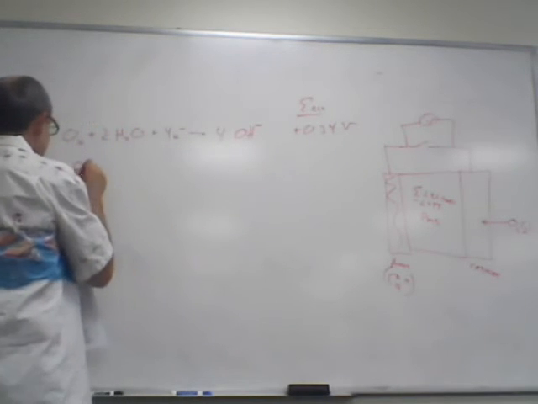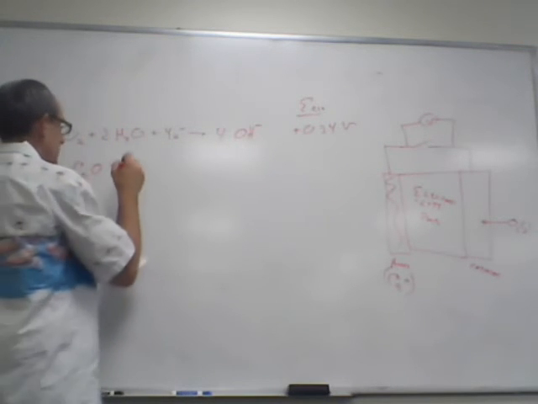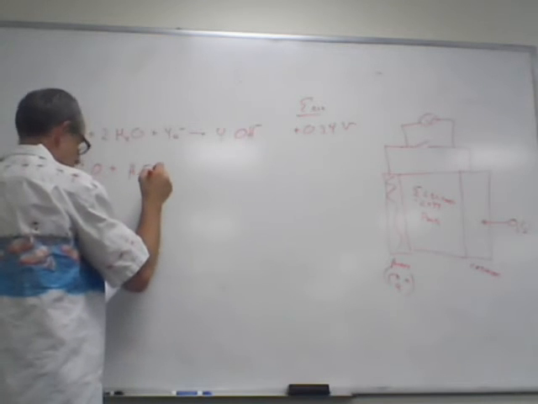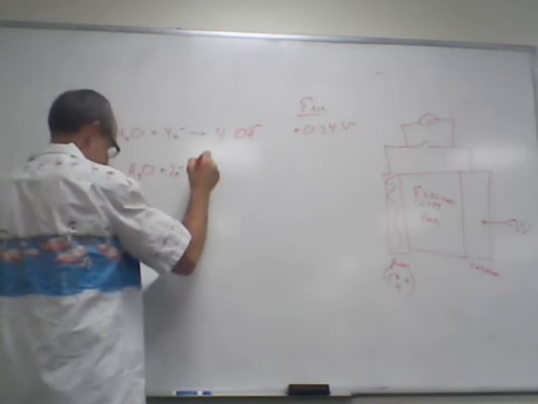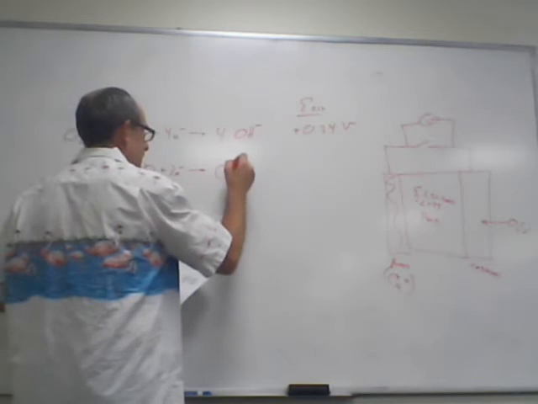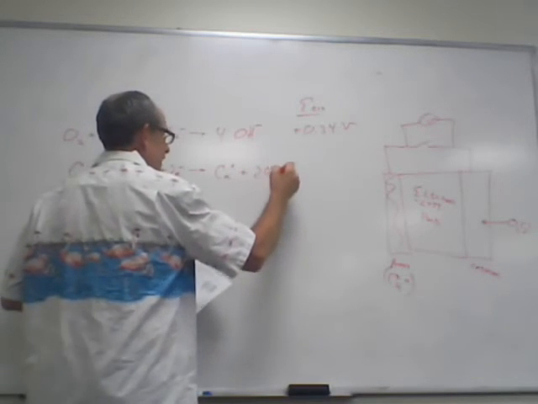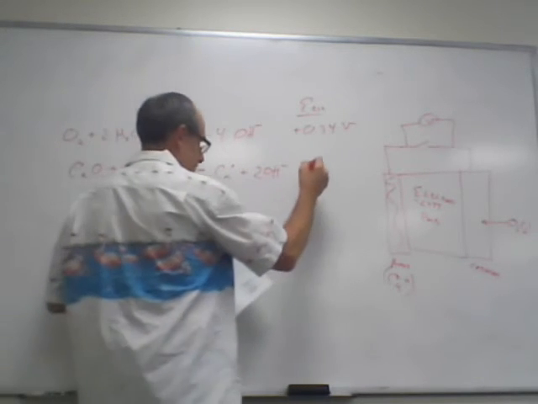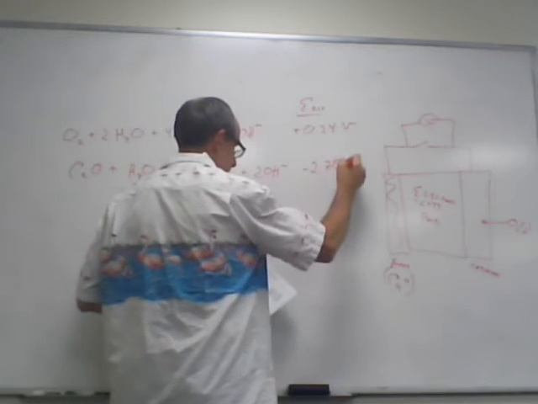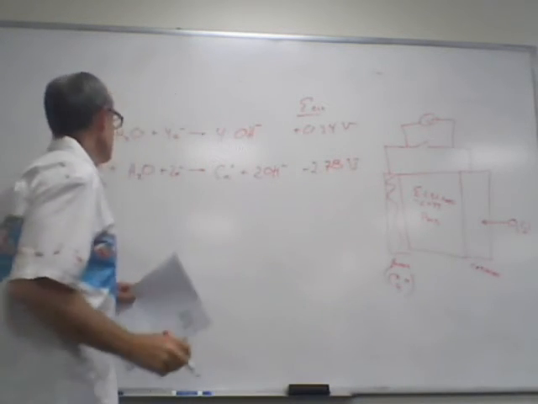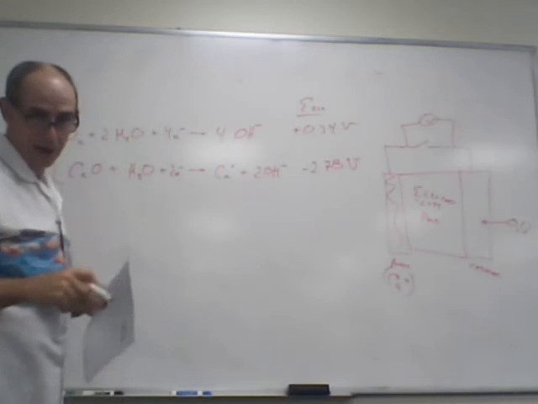And we've got a reduction potential of plus 0.34 volts. We have the reduction of calcium oxide with water and 2 electrons to form calcium atoms and 2 hydroxide ions, and that gives us negative 2.78 volts, or we're given that value. We've got to combine these 2 half reactions.